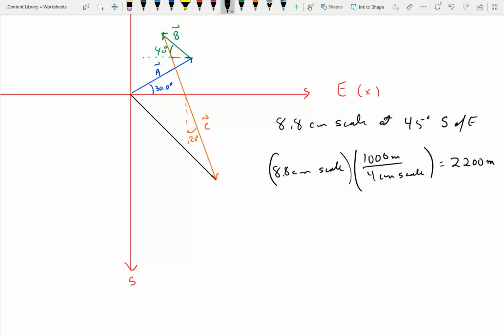So my vector that I got from this is 2,200 meters at 45 degrees south of east.